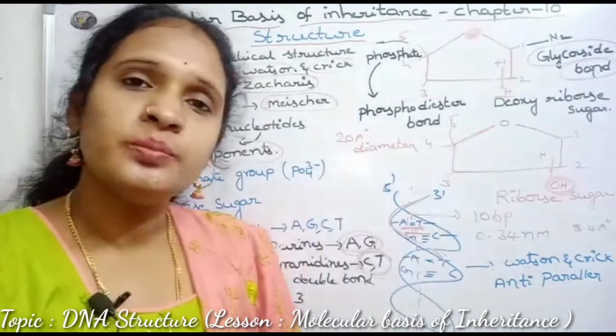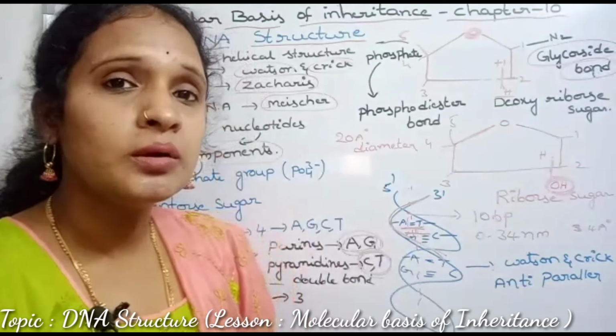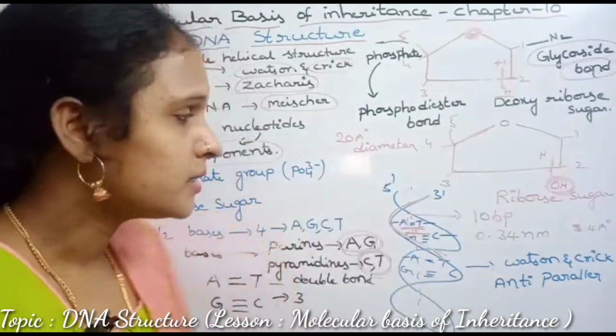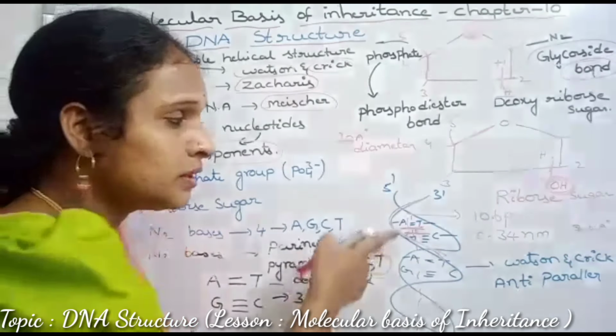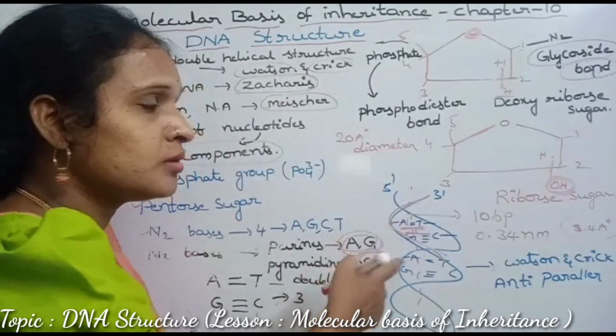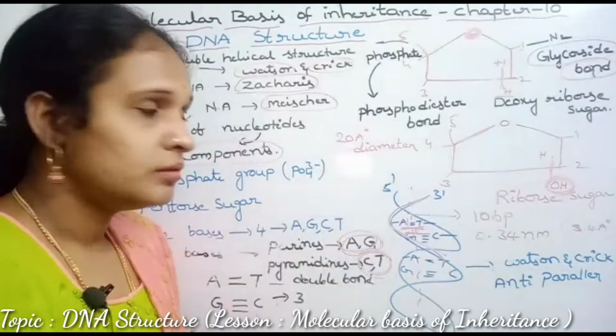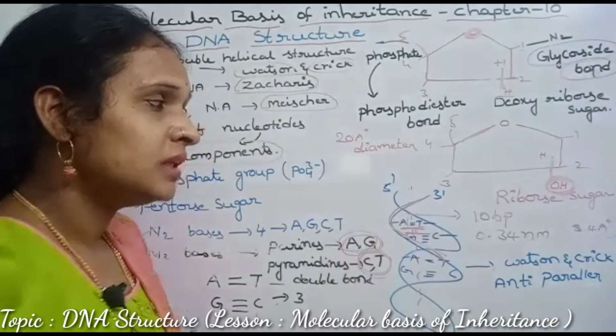Each strand is made up of a number of nucleotides, that is purines and pyrimidines. Adenine always pairs with thymine with a double bond, and cytosine always pairs with guanine with a triple bond.